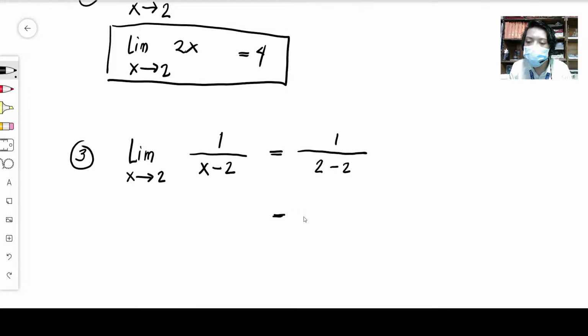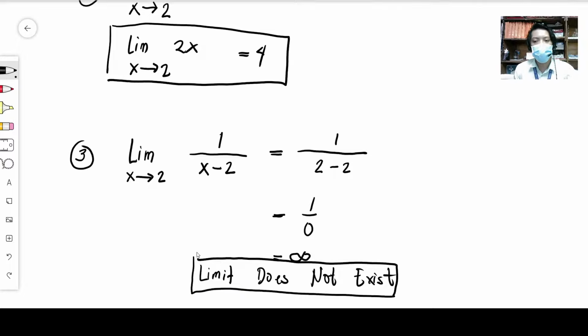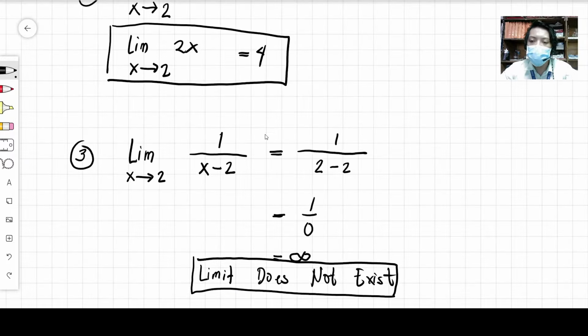So this will be equal to 1 over 0. Any number divided by 0 is undefined. So it is undefined, meaning the limit of that function does not exist. This is the answer. So that's how you solve for limits.